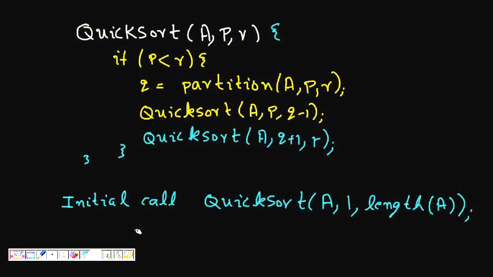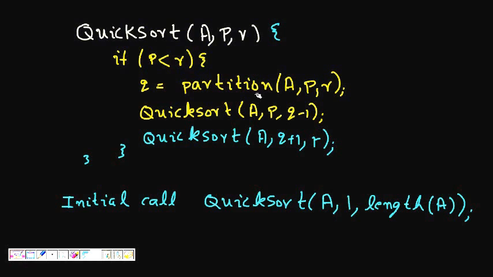So in quicksort, p is the left index, r is the right index. If p is less than r, then we go on doing the work. If p is greater than or equal to r, it means I have only one element left, since p greater than r cannot happen. So q is what?